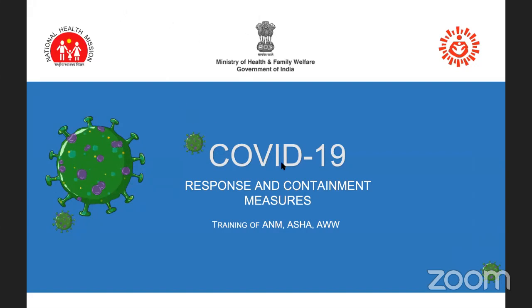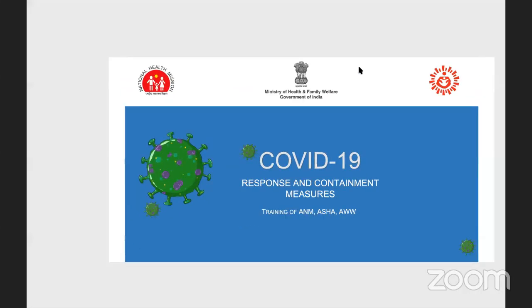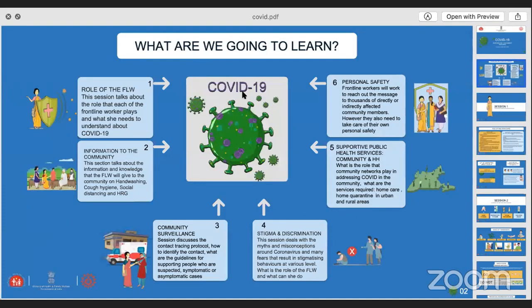So COVID-19, our response and the containment measures we have to take. This PPT is by the Ministry of Health and Family Welfare, the Government of India. Just have a glance at it meanwhile. So what are we going to learn?